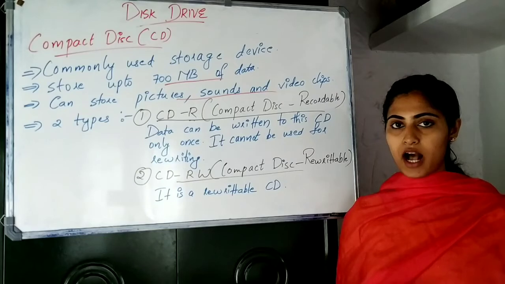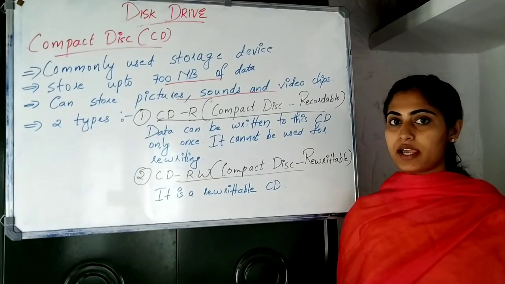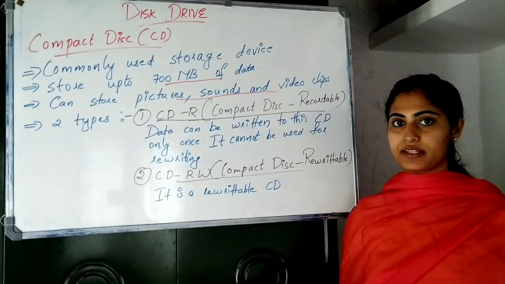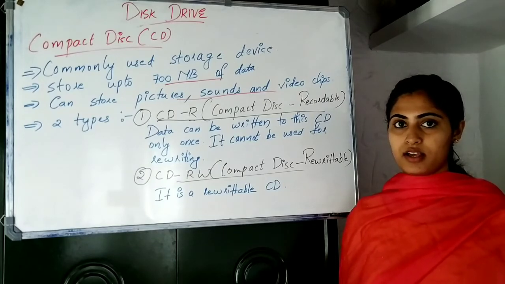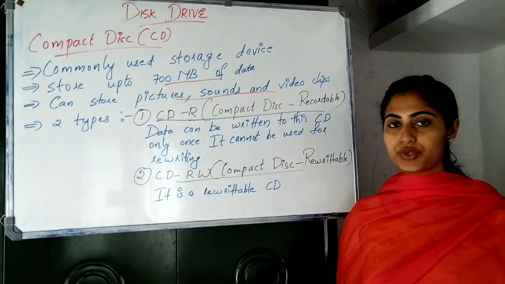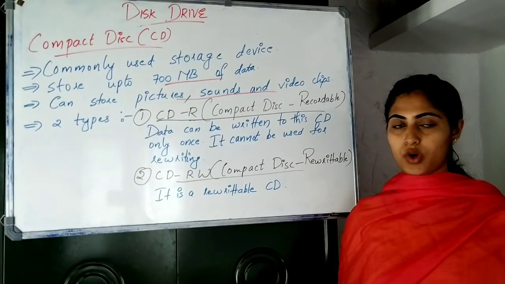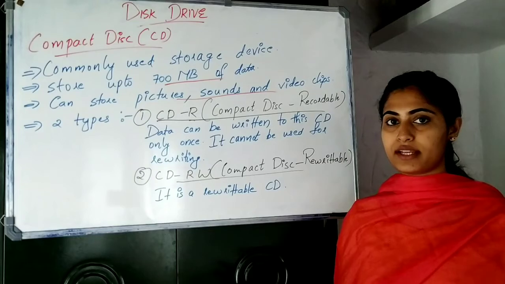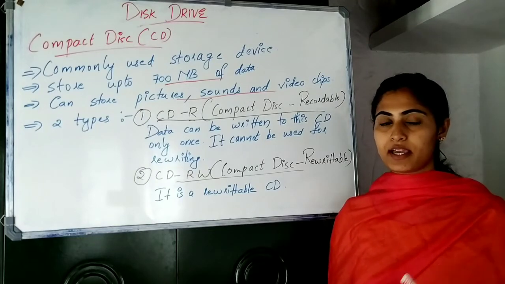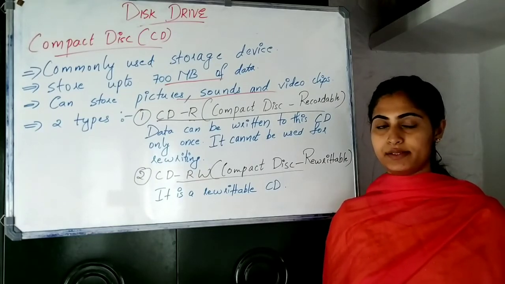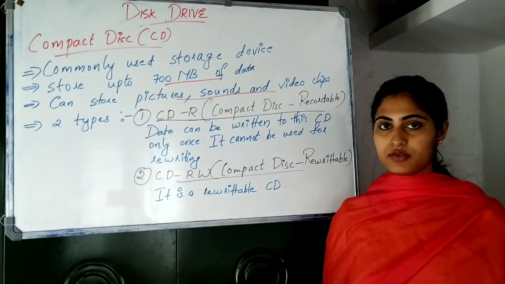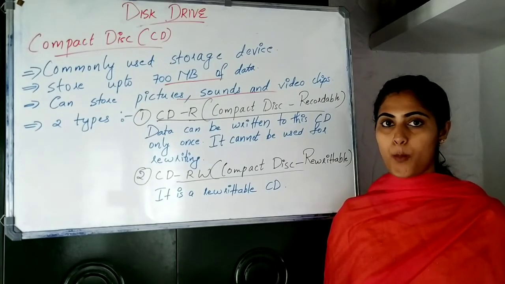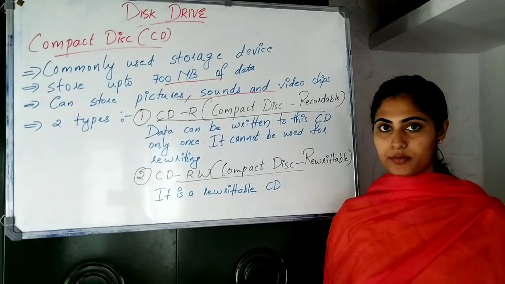In CDR, once we write data into that CD, it cannot be used for rewriting. That means that CD can be used only once. Okay, that is what we mean by CDR, compact disc recordable.